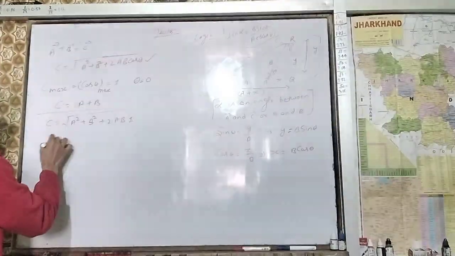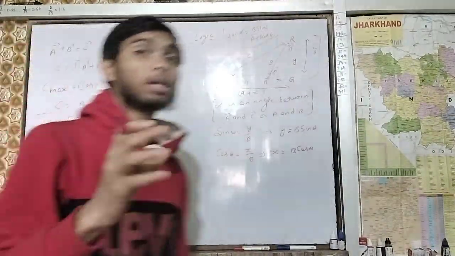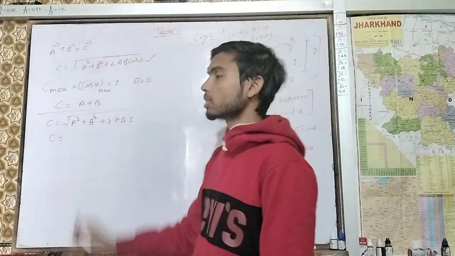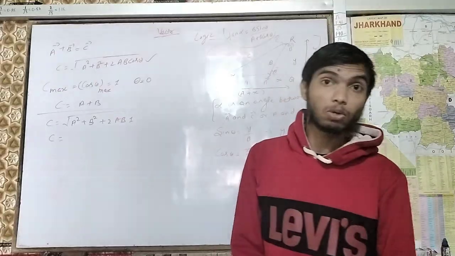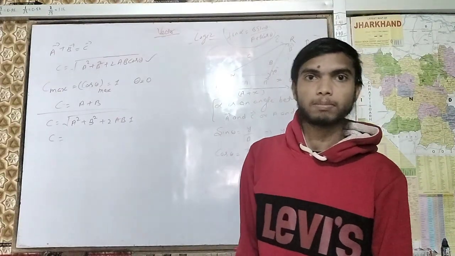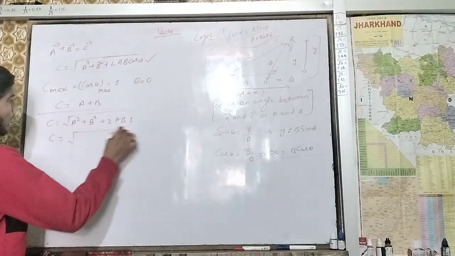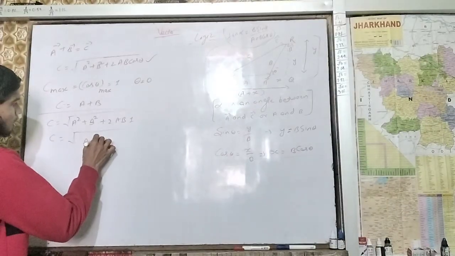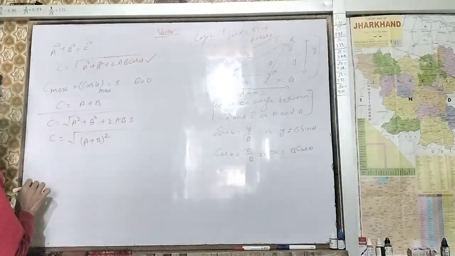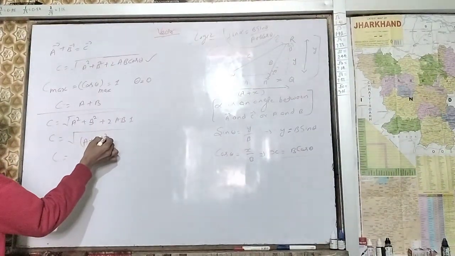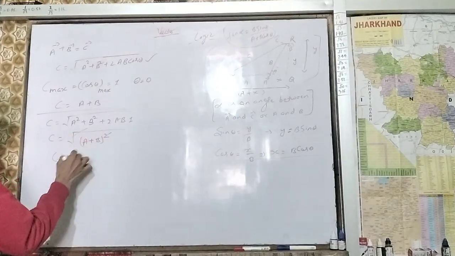Now we can observe an algebraic identity: A square plus B square plus 2AB is equal to A plus B raised to the power 2.